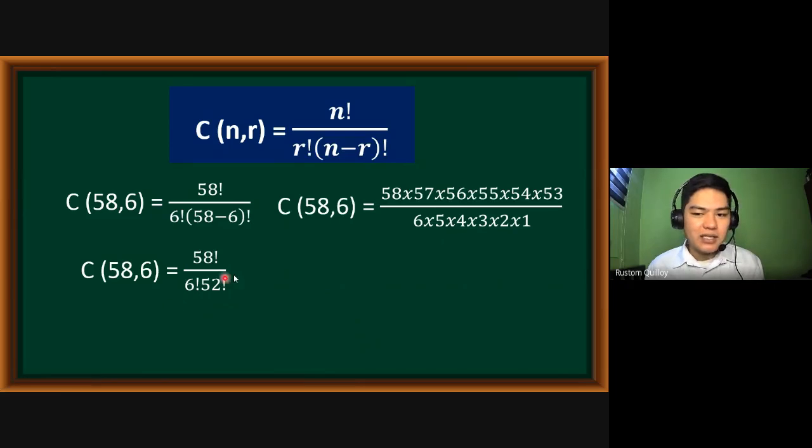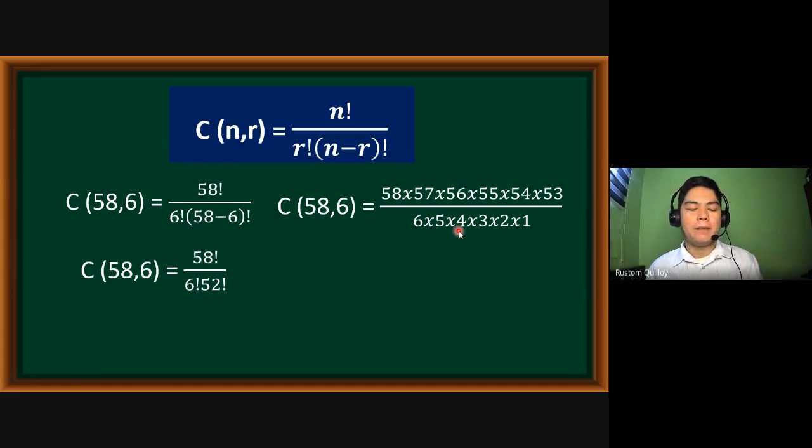So, nung in-expand ko si 6 factorial, ito siya: 6 times 5 times 4 times 3 times 2 times 1. So, now we have 58 times 57 times 56 times 55 times 54 times 53 over 6 times 5 times 4 times 3 times 2 times 1. Okay. So next is, pwede na tayong mag-cancel.